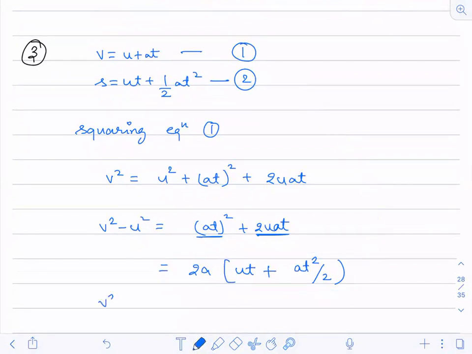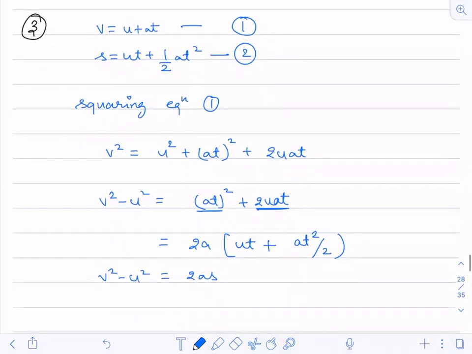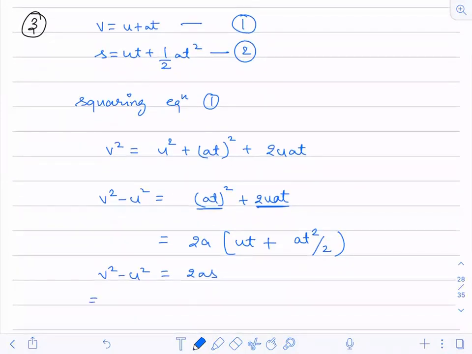So v square minus u square is equal to 2as. So from here I can write v square is equal to u square plus 2as. This is equation number 3.